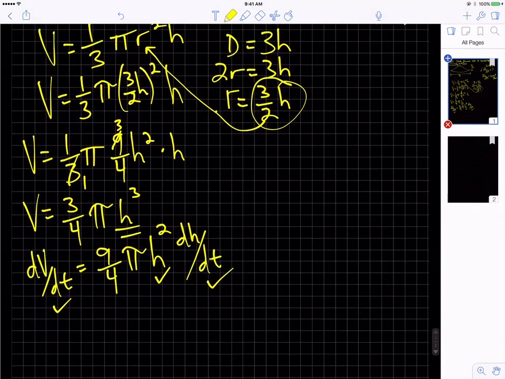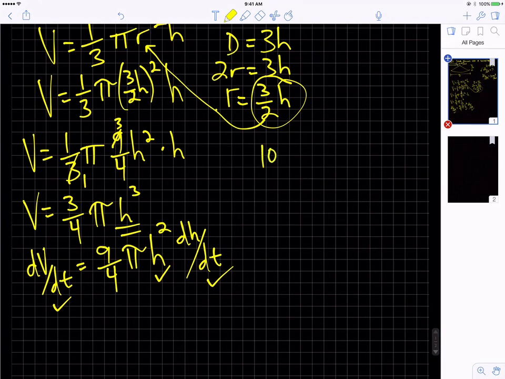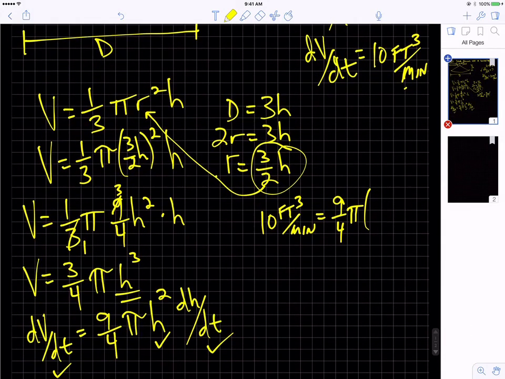We know dv dt is 10 cubic feet per minute. They said when h is 15 feet, find dh dt, the rate at which the height is changing.